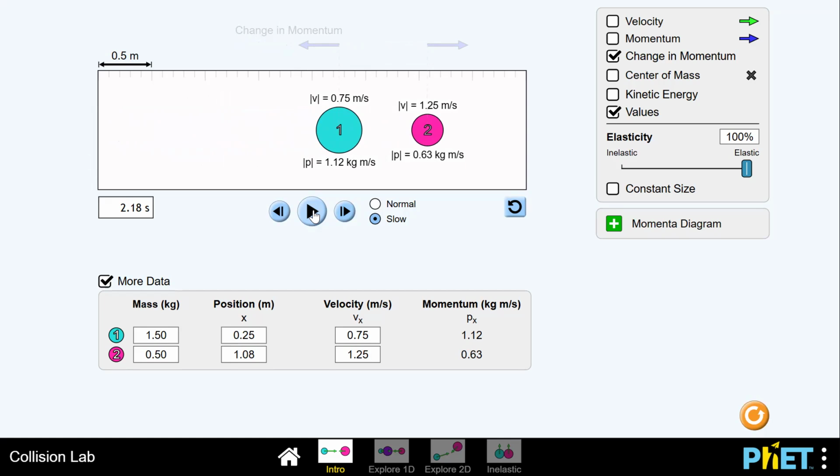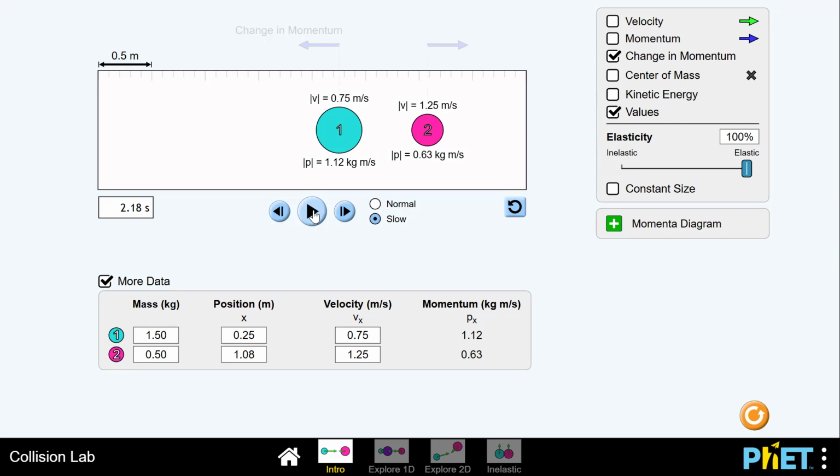So note it down. For example, after collision, the velocity of the first object changes to 0.75. For the first object, momentum changes because mass does not change, but velocity changes. Before collision it had 1.00 meter per second, now 0.75 only.